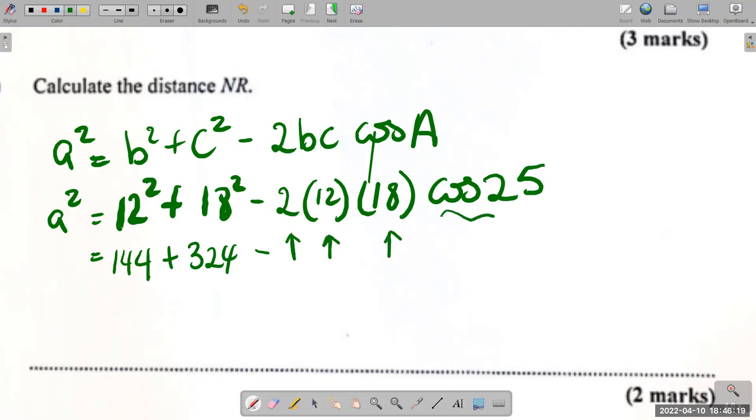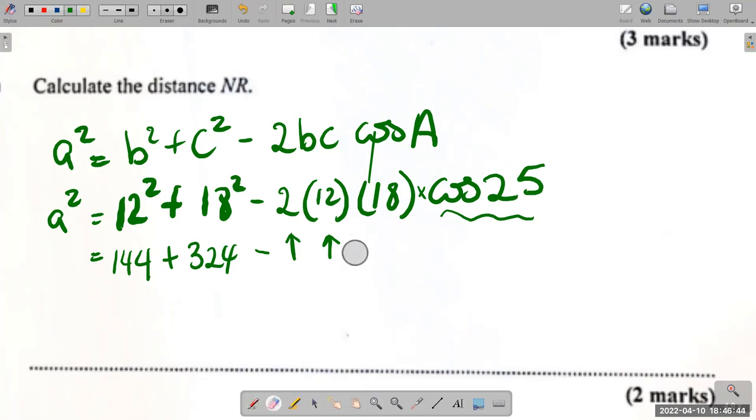Remember when you put cos 25, this means times. Remember in maths, when things are next to each other, there's an operation in between them. This means times. And remember, cos 25 has a value in the calculator. When you put it in the calculator, it's a decimal. So it's 2 times 12 times 18 times whatever the cos 25 value is.